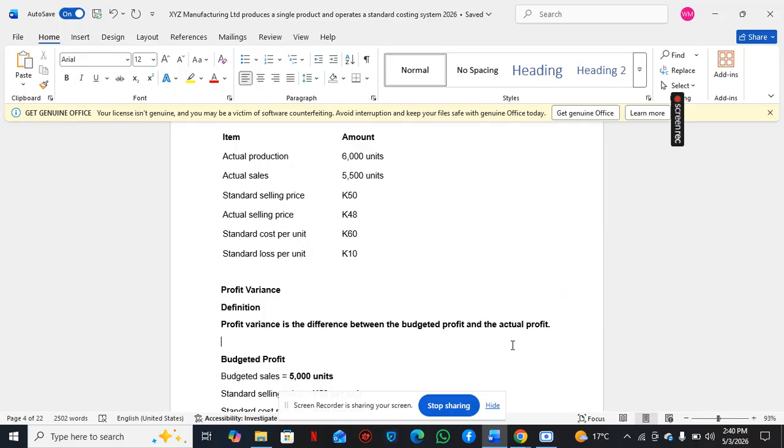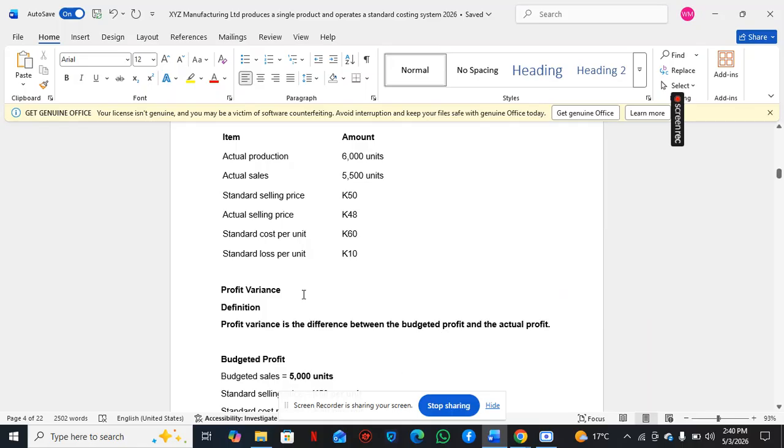Because let's say you budgeted a profit of 10,000 and you make a profit of 4,000, didn't you do bad, colleagues? You have done bad. But if you budget a profit of 10,000 and your actual profit is 15,000, then you did better.